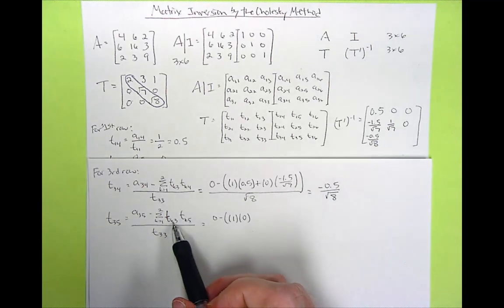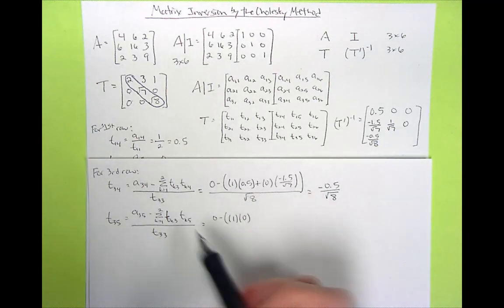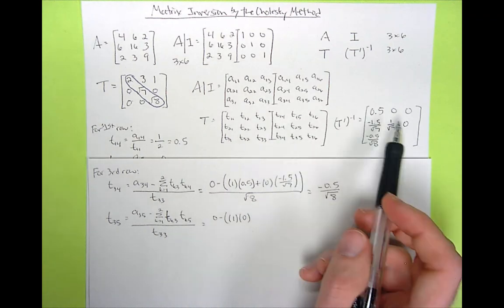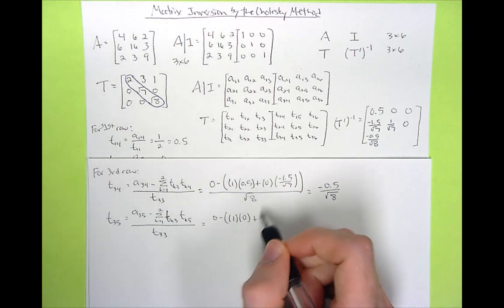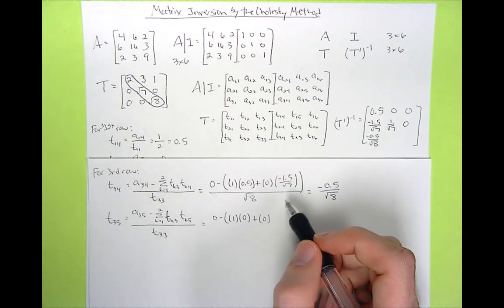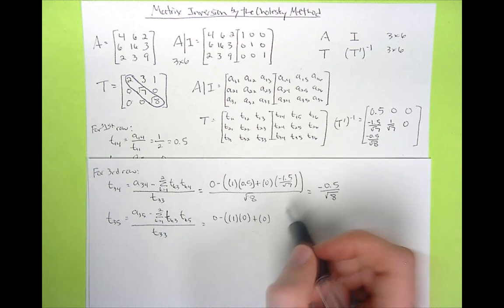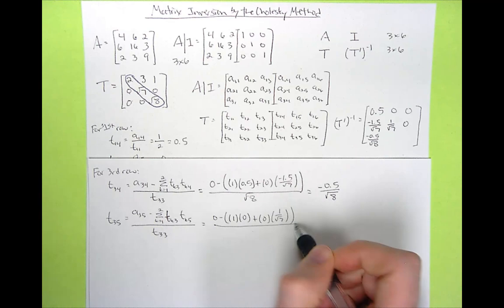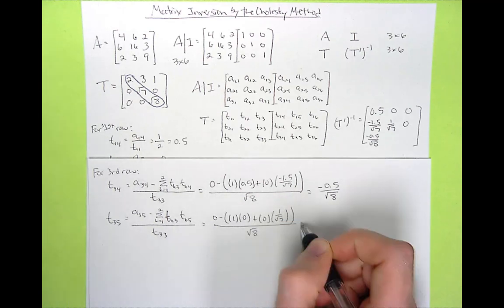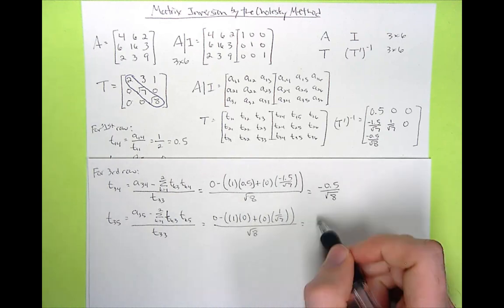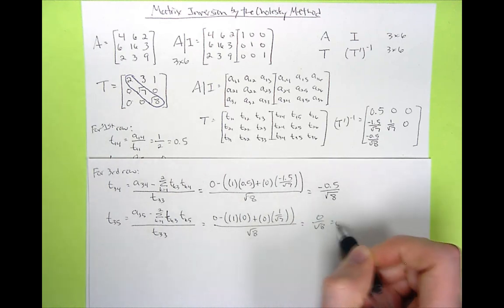So T13, which we know is 1, T14, T15, which is up here, is 0. Add that to T23, which is 0, plus T25, which is 1 over square root of 7. And as we do this, it's going to be 0 minus 0 plus 0 over square root of 8, which is 0.